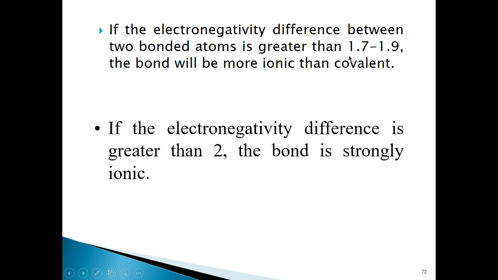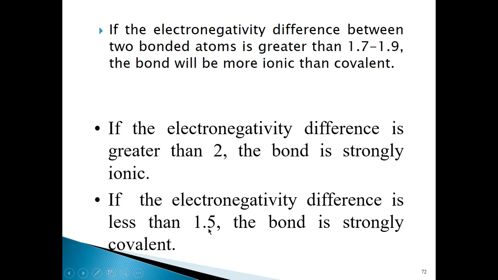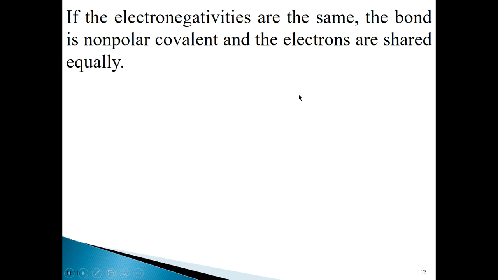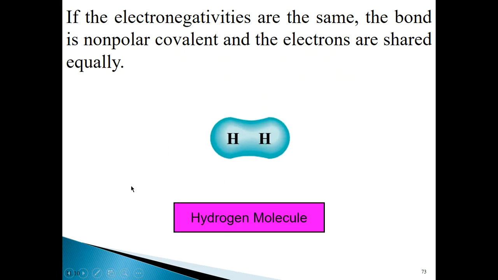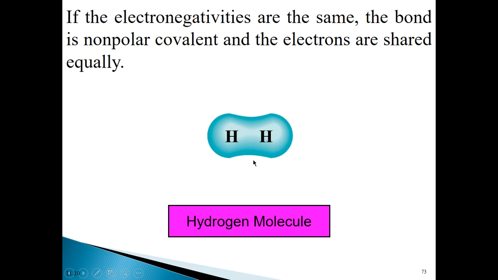So, as stated here, if the difference in electronegativity lies above 1.7, then basically the bond is ionic. All right. So if it's less than 1.5, then basically the bond is strongly covalent. If the electronegativities are the same, then obviously that bond will be nonpolar covalent because the electrons will be shared equally, such as the hydrogen molecule.